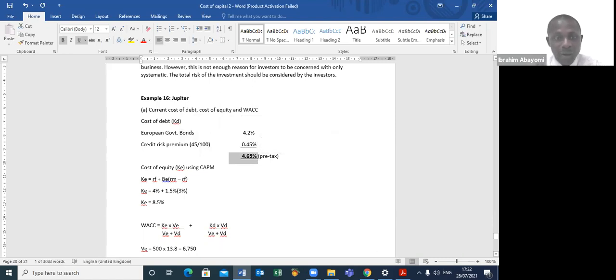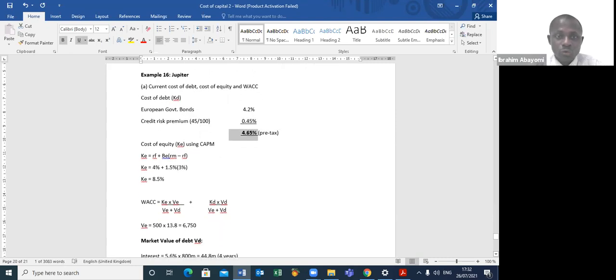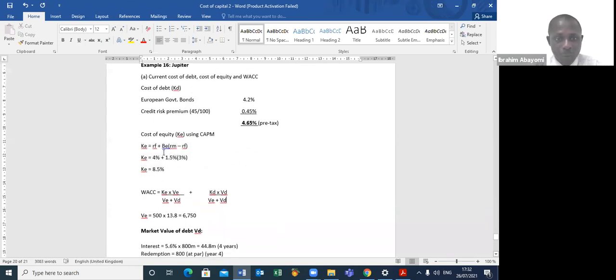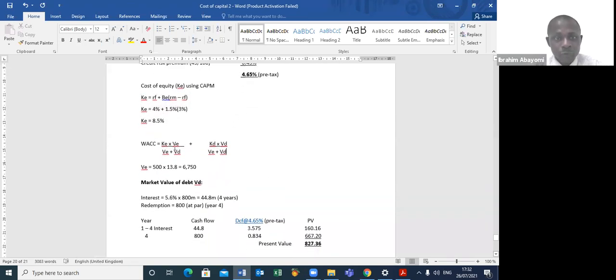So we computed our cost of equity using the capital asset pricing model. Then we computed our WACC using the information there. However, for us to compute our WACC, we need the market value of equity and the market value of debt.